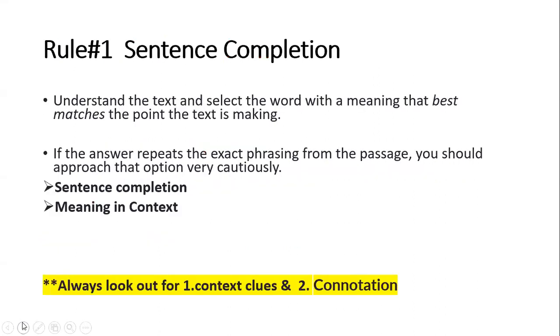In this, we have 2 types of question variety. One, which is very common, is the one you're seeing on your screen: sentence completion questions. There's a passage with a small blank left out within it.